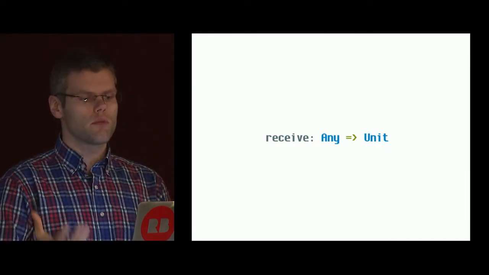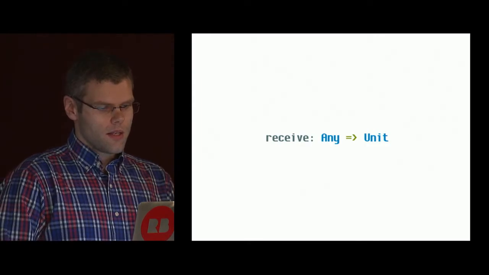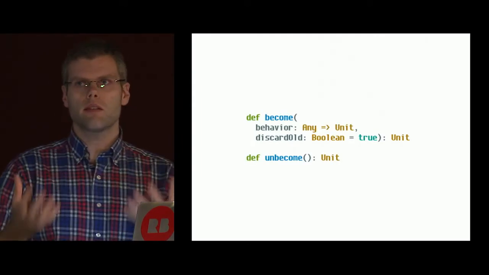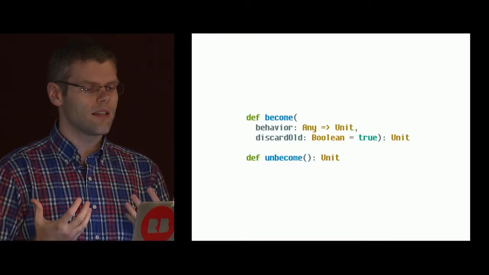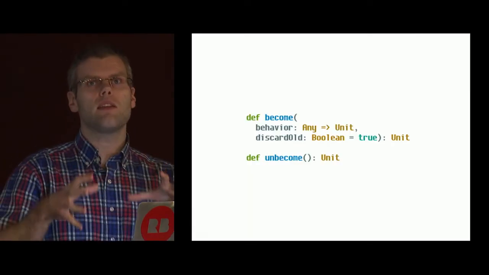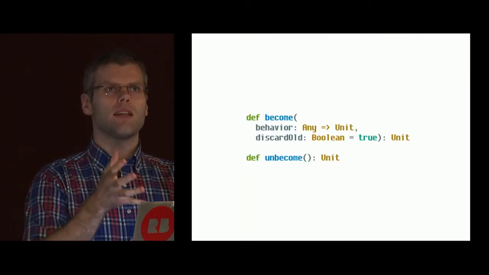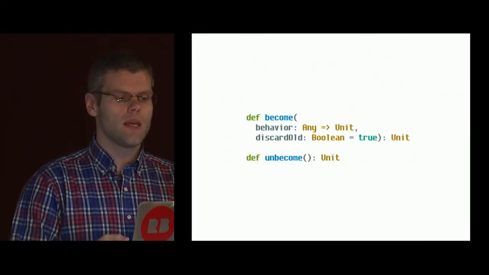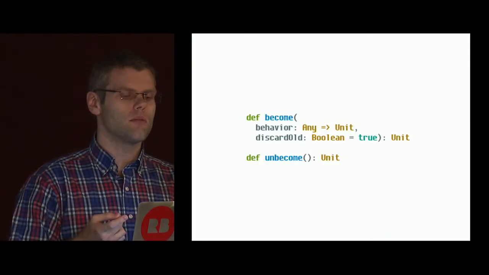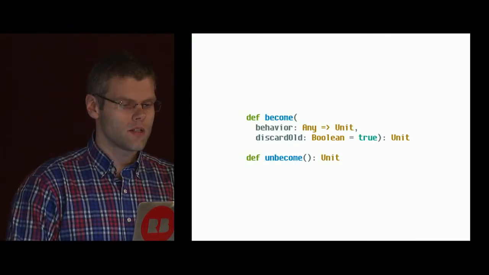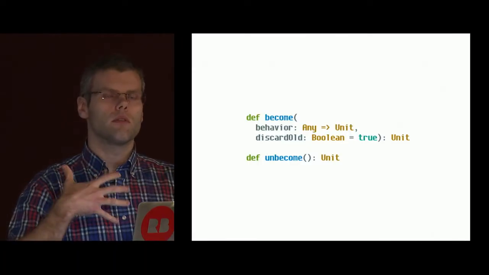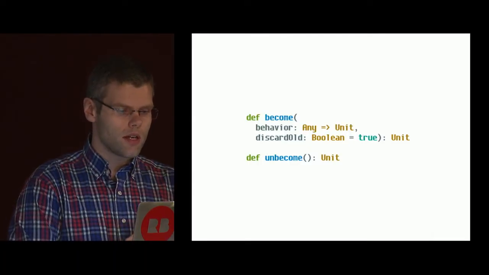There's no way we can sort of reason about this algebraically. And this is aggravated by the fact that not only can the actor be anything, the thing that's behind the signature Any to Unit could be anything, it can become something else between calls to the function, right? So if somebody has called become and unbecome between two calls of your function, it could be doing strictly different things.